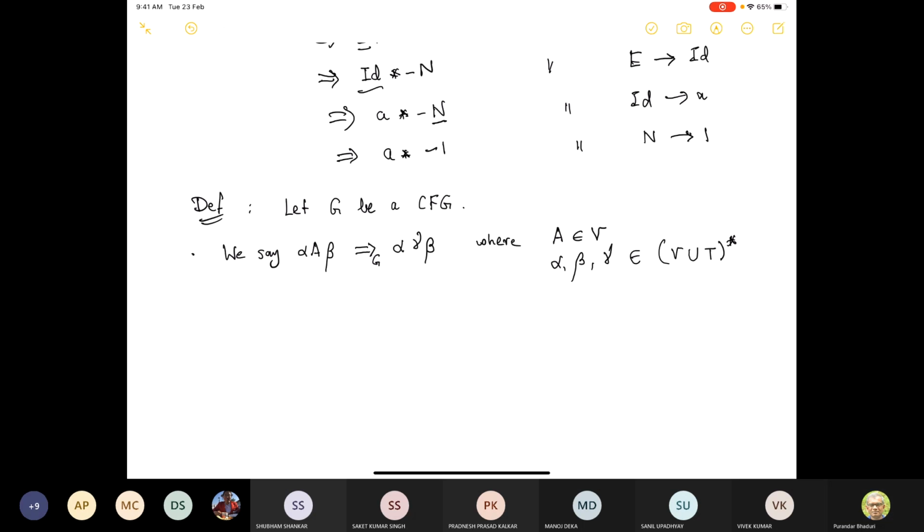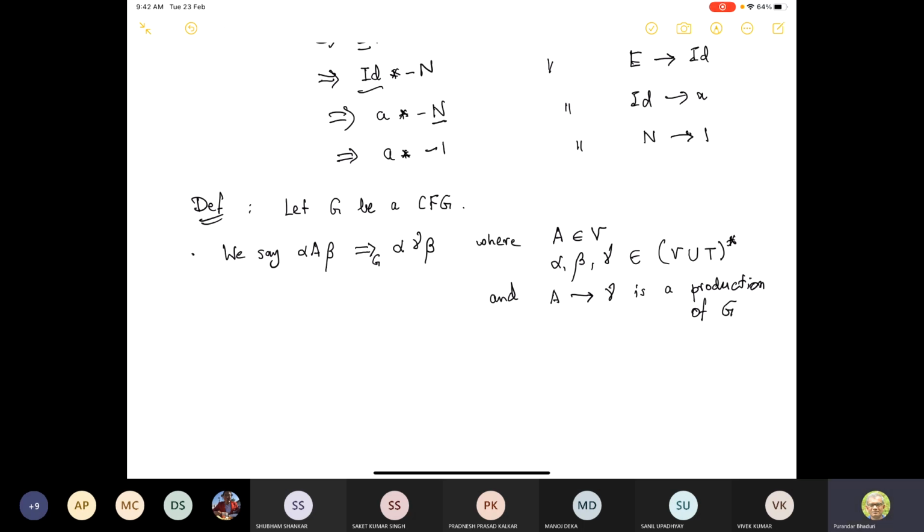And A right arrow gamma is a production of G. Okay.